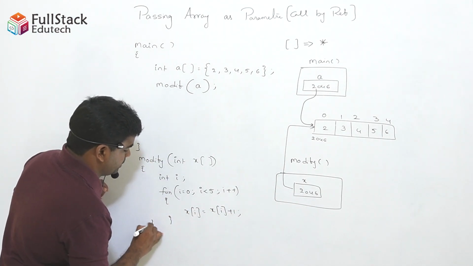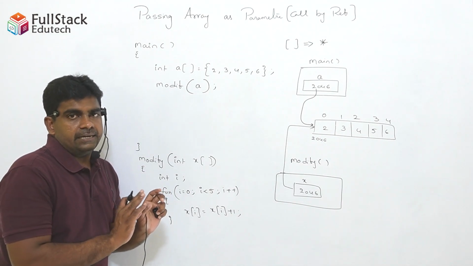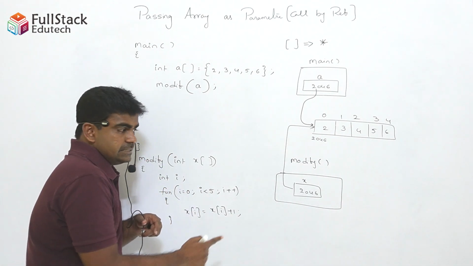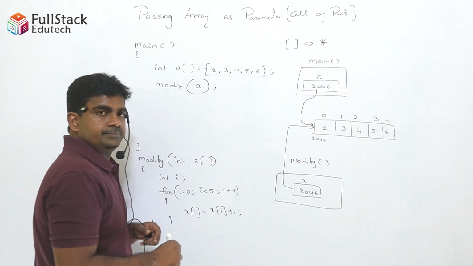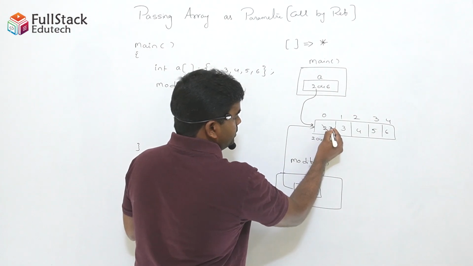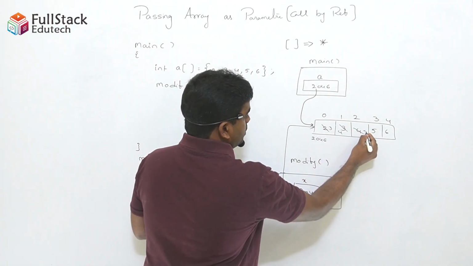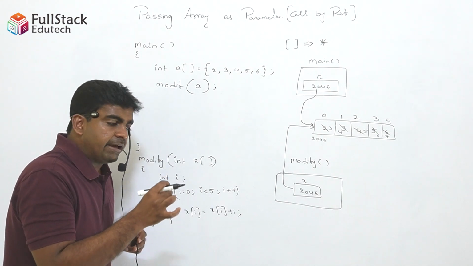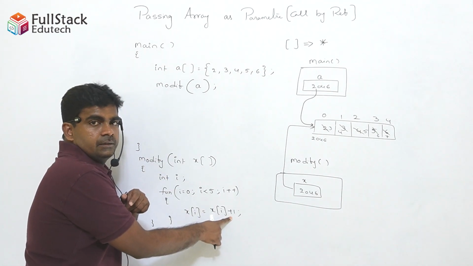I am writing this just to understand practically. Here i value 0, x of 0 has value 2. 2 plus 1, 3 will be stored into the same location. It will be 3, then 4, 5, 6, 7, because for every value we are adding 1.